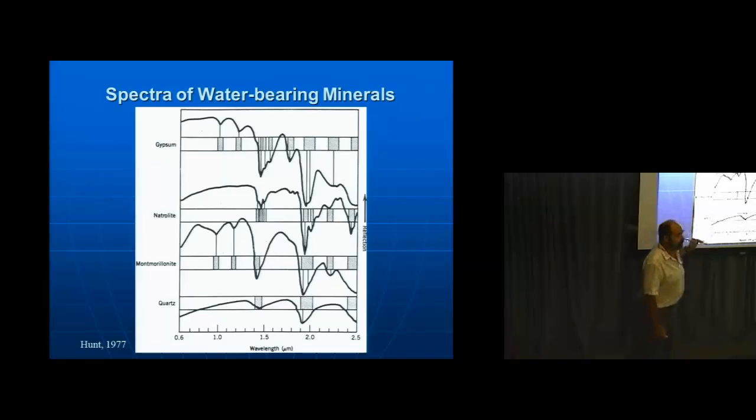What type of instrument is measuring these? I'm not sure of the source. Yeah, those are measured by the USGS in the laboratory with a contact instrument with a powdered sample. Similar sort of sample preparation. They're ground up, sieved to a certain size. It's not compressed into a pellet.